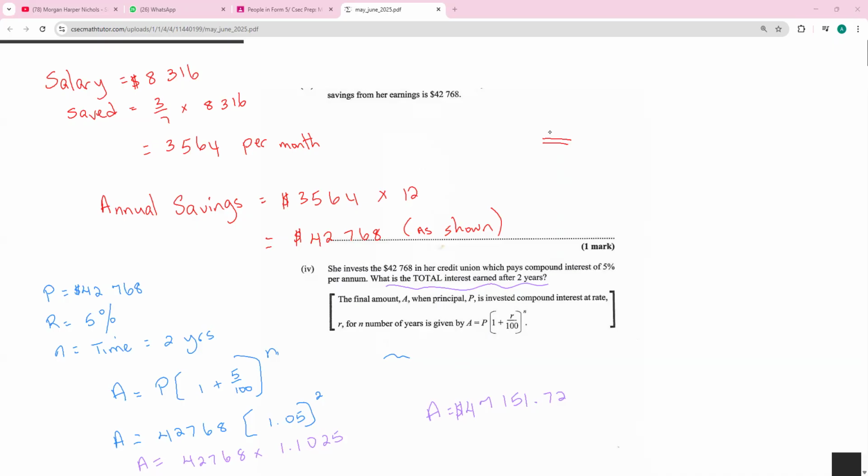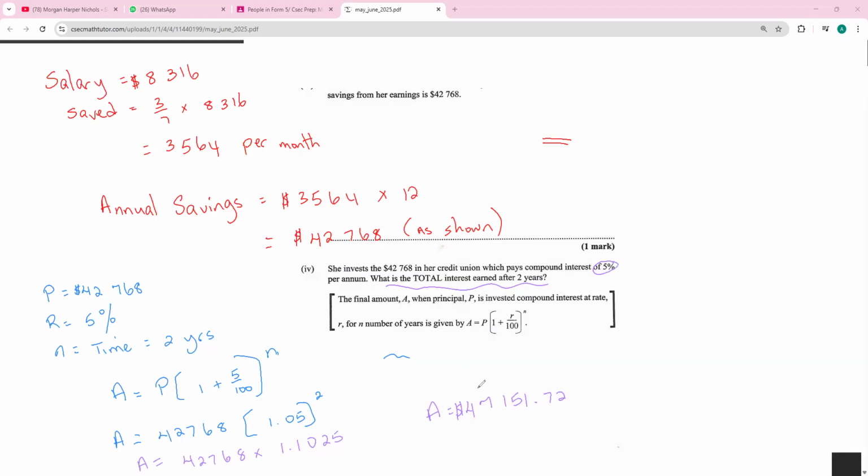Over the period of time, your money is going to build. It's going to increase at a particular rate. They will always give us the rate.